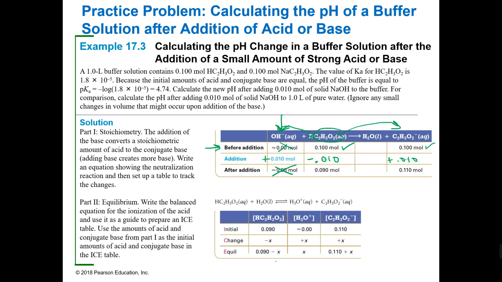So there's my change, minus X plus X. I'm starting off now with 0.09 because 0.010 was used. And I have now 0.110 moles.